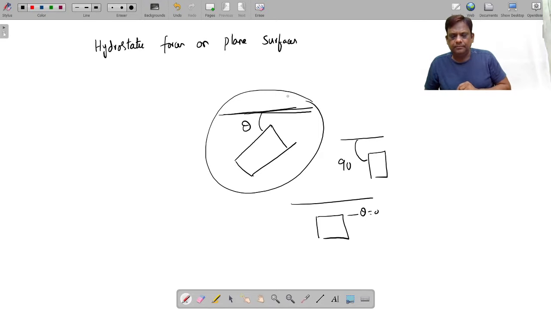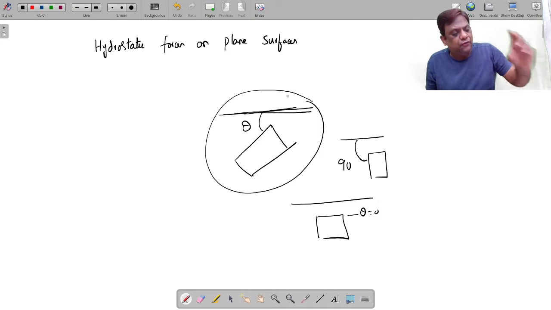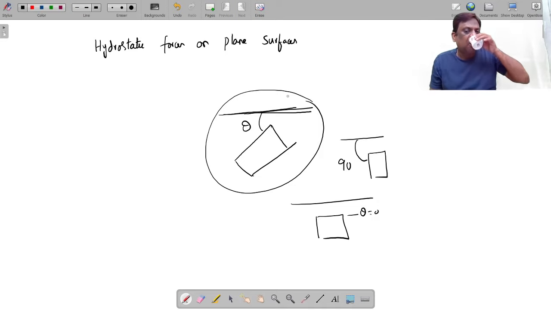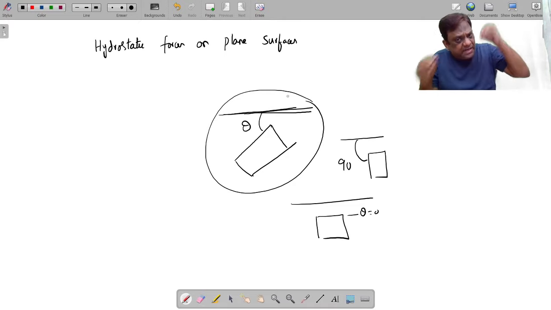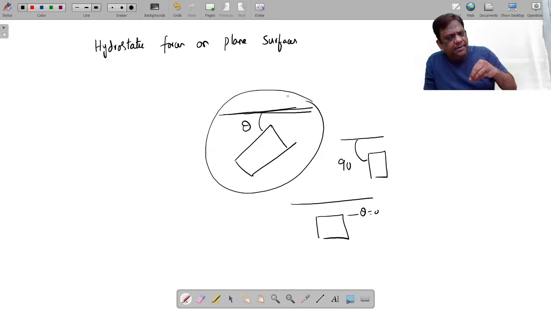Second one. We have seen how much force. And the second one, where is that force acting? The point of application of that force, because we will be dealing with equilibrium. For static equilibrium, not only forces must balance, moments must also balance.